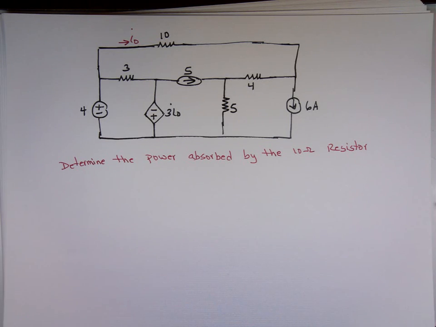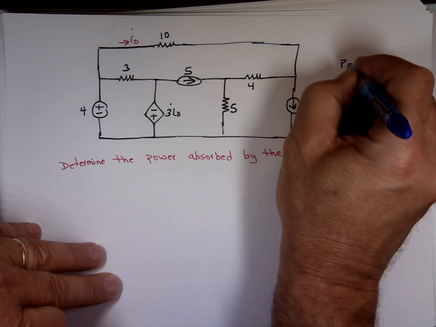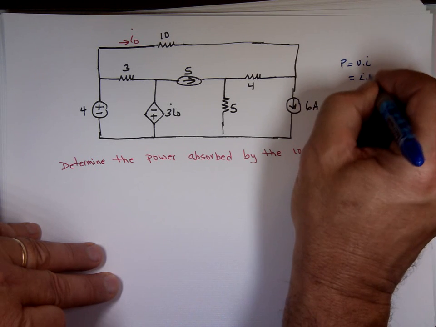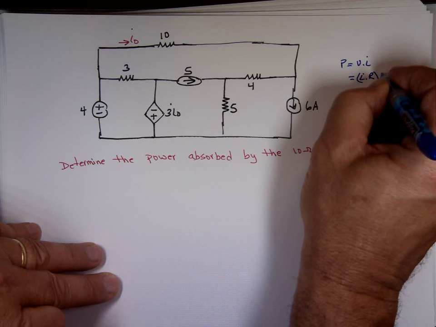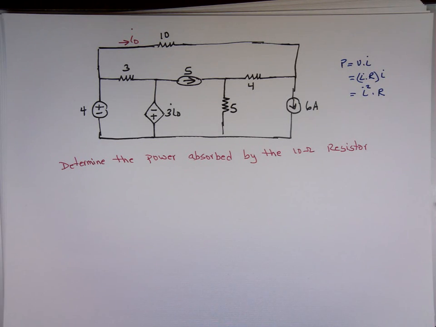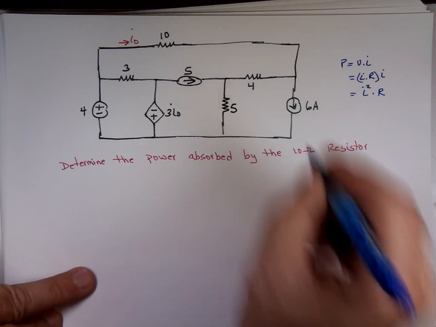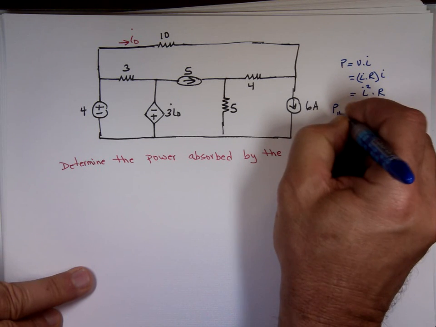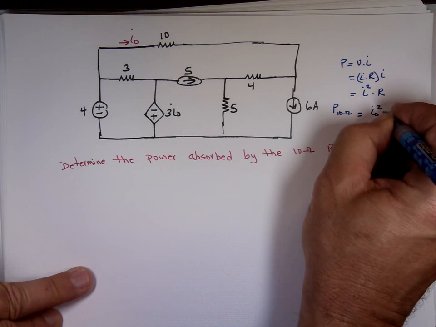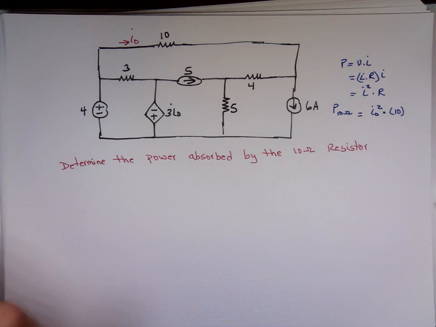If you remember, just refresh your memory, power is voltage times current, and voltage is I times R. So if you go I times R times I, you're going to have I squared times R. So if you know what I sub O is, you are done. The power absorbed by the 10 ohm resistor is I sub O squared times 10. So if you know what I sub O is, you're done.